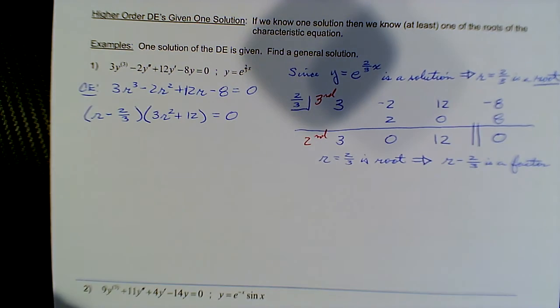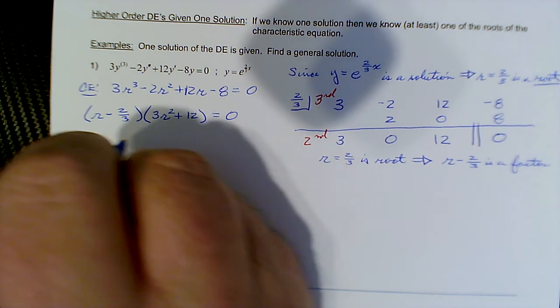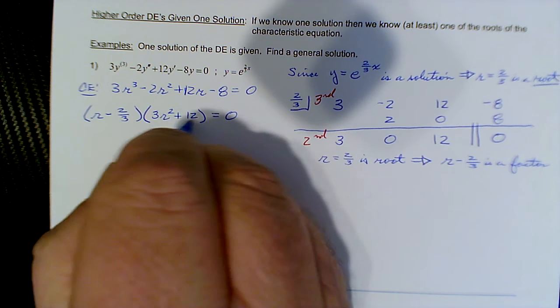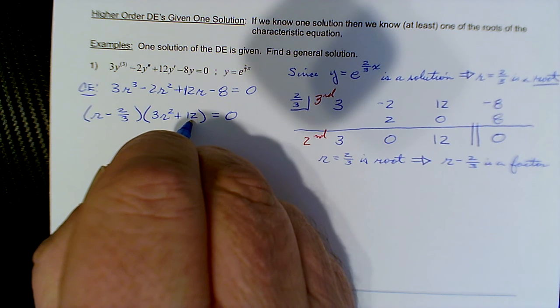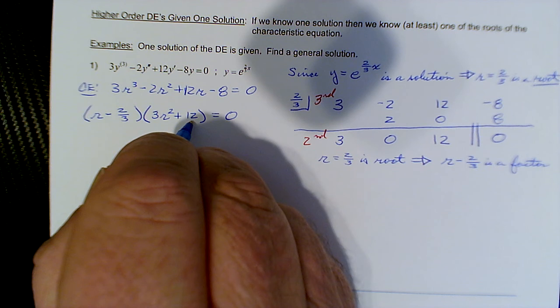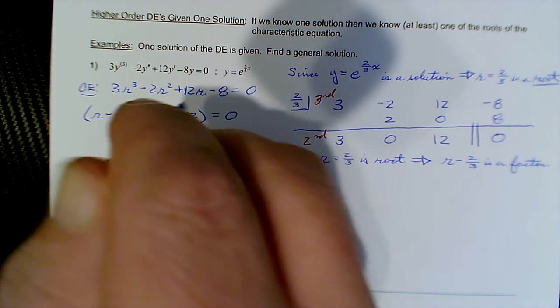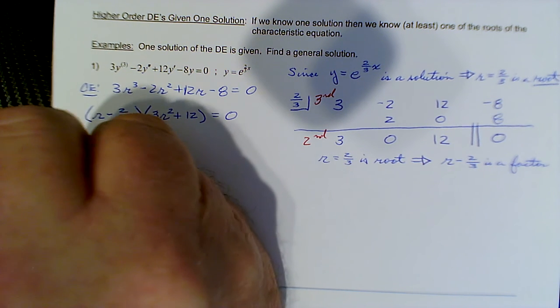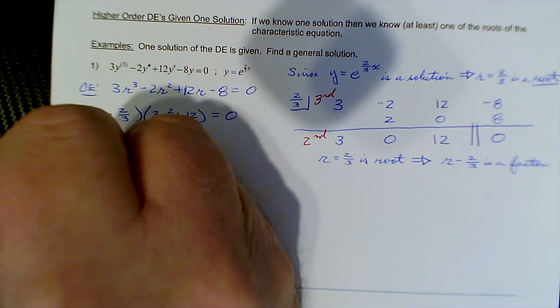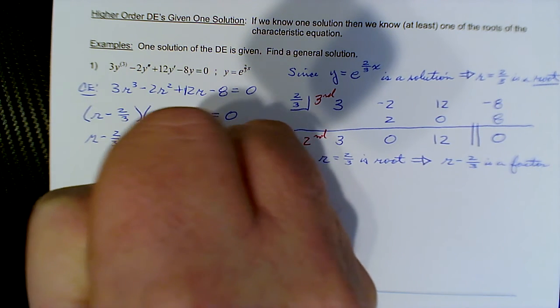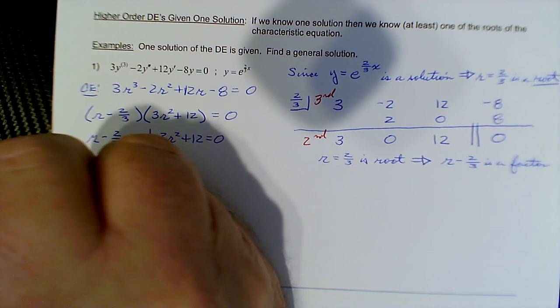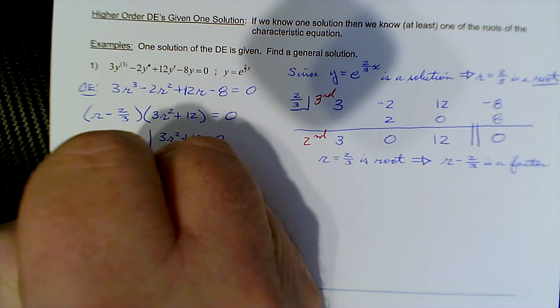Okay, and so at that point, actually this is a sum here. You could factor out a 3 and then divide by it, but I think I'll just leave that as it is, and since it's a sum of two squares, I'm going to set everything to 0. So r equals 2/3 we know is a root.